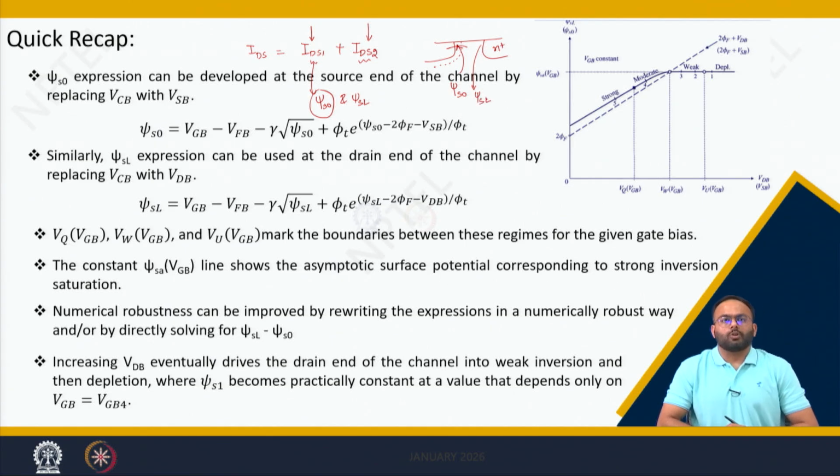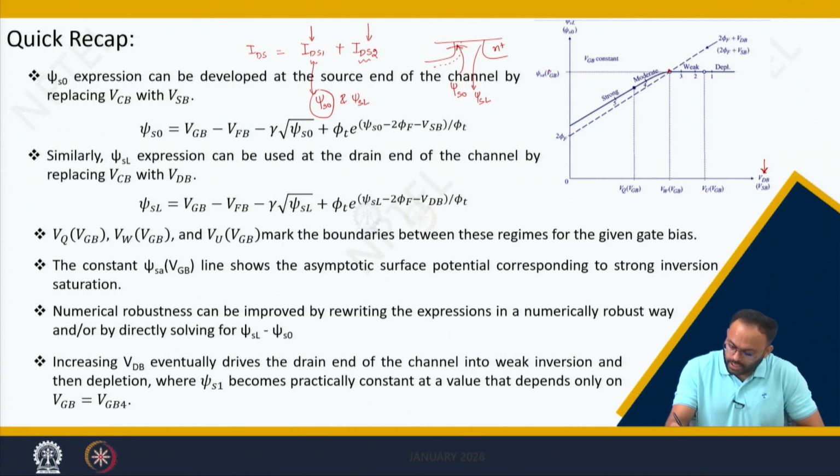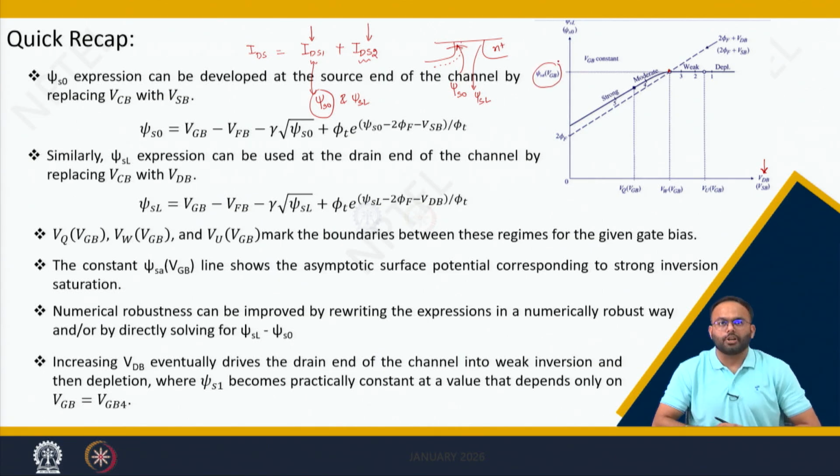We found a closed form equation of psi s0 and psi sL, and we said that we can use some analytical approximation to solve these equations. Further, we have seen what will happen when we increase VDB or VDS, then how the surface potential at the drain side reaches psi SA, which is nothing but a function of VGB, and will get saturation.